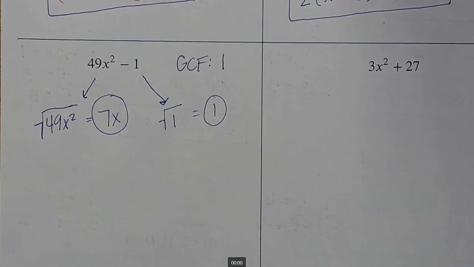So now I take these two terms. I put them in factors that are multiplying. You add them and you subtract them. So see if you can write out your final answer.